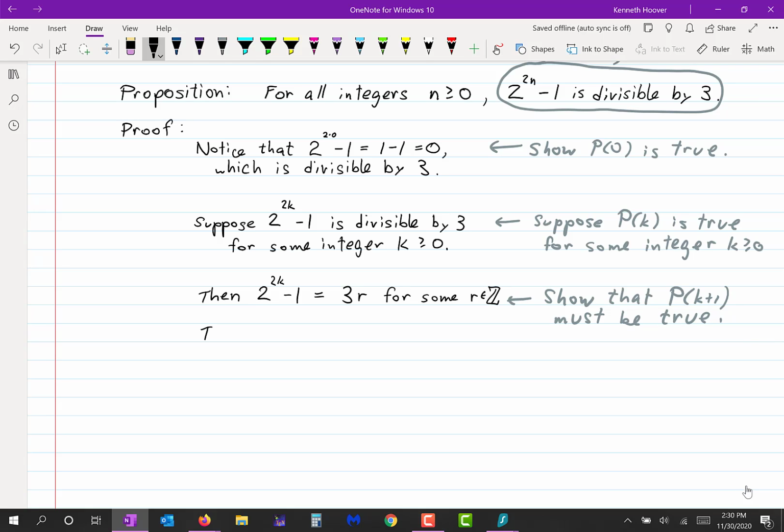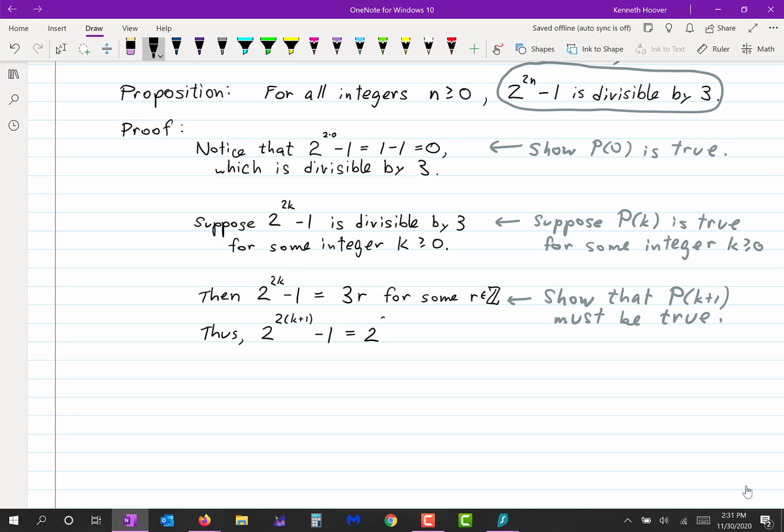Okay, thus 2 to the 2k plus 1 minus 1 would equal, and now I'm just going to write down what we worked out in our scratchwork.